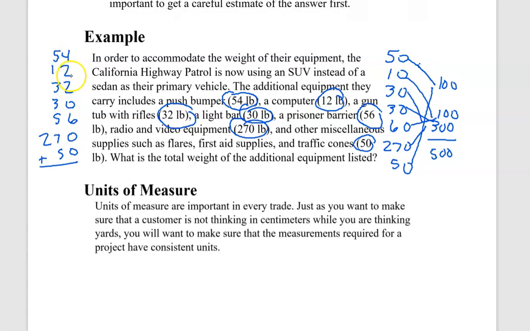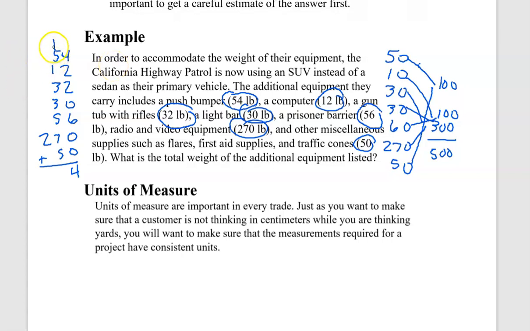So 4 and 2, 6, 8. 6 more is going to be 14. Carry our 1. This is not supposed to be a 6, so I'm going to fix that.